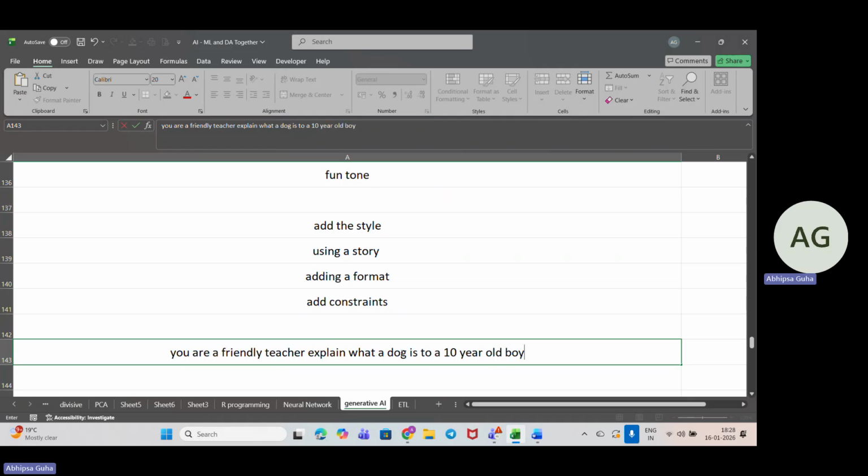So this is the idea. You are a friendly teacher means it sets the tone, friendly and teaching. Explain what a dog is defines the task. To a 10-year-old boy sets the difficulty and the audience, so that you understand how much you can go.